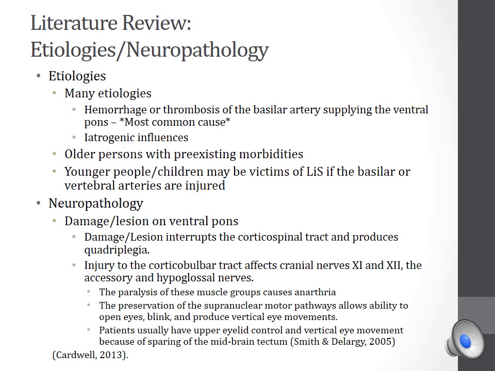Injury to the corticobulbar tract affects certain cranial nerves, and paralysis of these muscles and nerves causes anarthria. Anarthria then causes dysphagia and limits the use of facial expression in communication. The cranial nerves damaged are essential for control of the facial, pharyngeal, and tongue muscles that are involved in speech, vocalization, and swallowing.